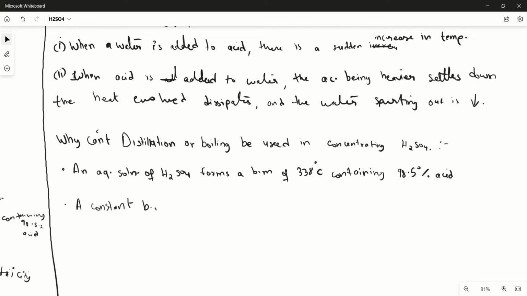A constant boiling mixture is one which boils without change in composition.